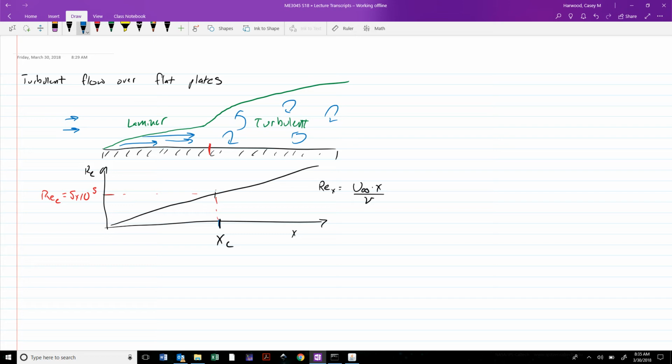So we've got different correlations for laminar flow and turbulent flow, but the complication is that when we have both of them, our overall heat transfer coefficient has to be a spatially weighted average of the heat transfer in laminar flow and in turbulent flow.